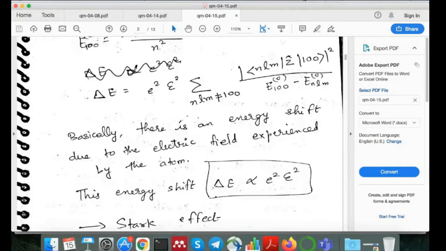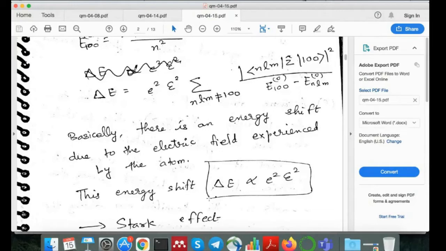So essentially, if you apply an electric field and the hydrogen atom experiences that electric field, the energy is shifted by some delta E, and that delta E goes as the square of the electric field. That is known as the Stark effect.